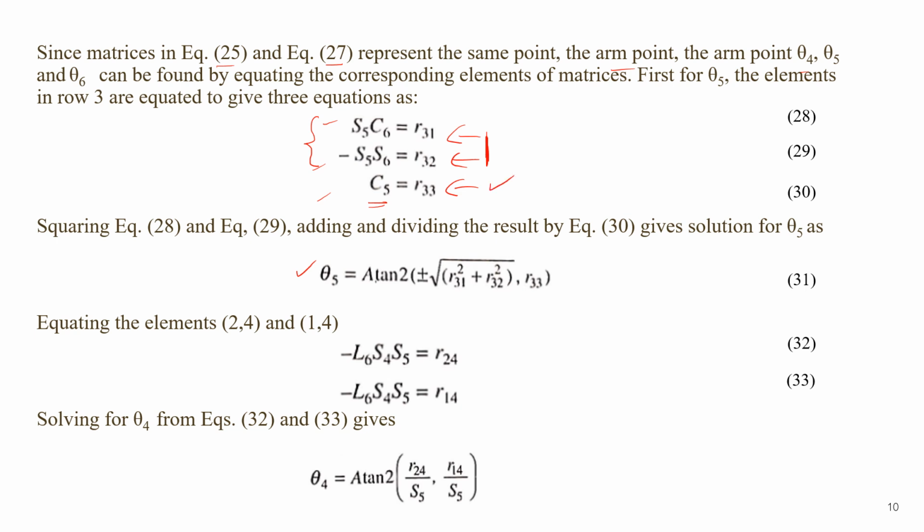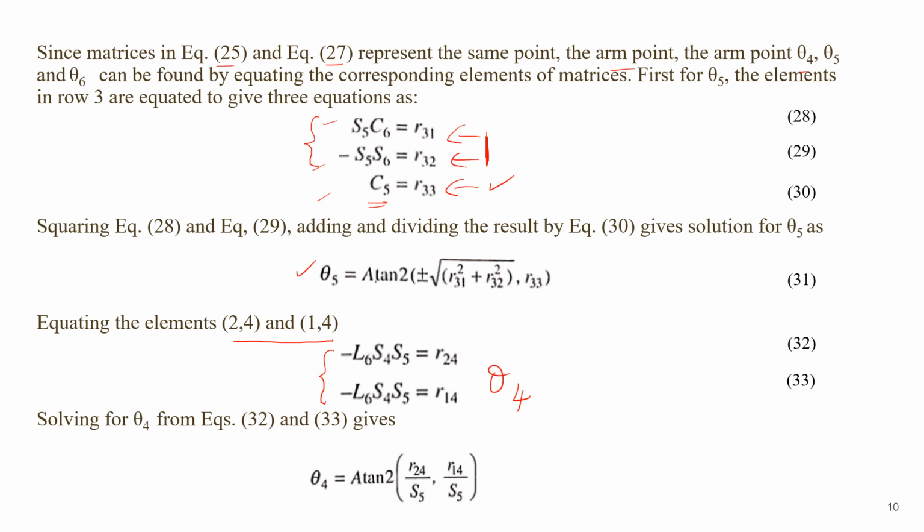Then after equating the elements 2,4 and 1,4, you can get these two expressions, that is minus L6 S4 S5 is equal to R24 and minus L6 C4 S5 is equal to R14, and from these two equations you can solve for theta 4, because theta 5 is now known.